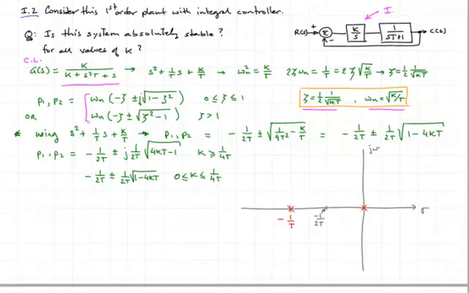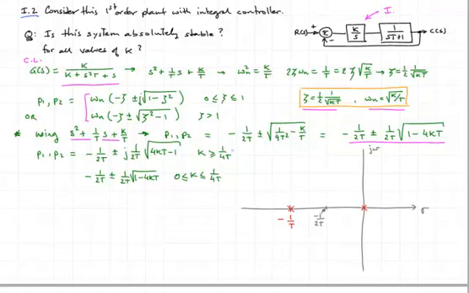In this case, however, it's going to be more useful to return to the original non-standard quadratic expression and solve for the roots directly there. And we find that the roots are minus 1 over 2t plus or minus 1 over 2t times the root of 1 minus 4kt.